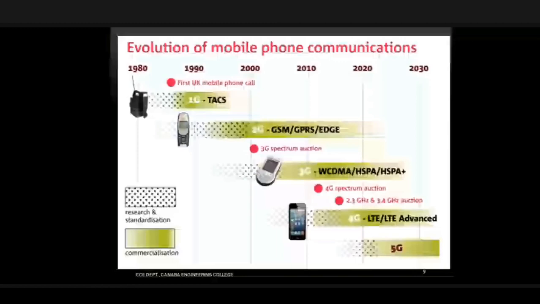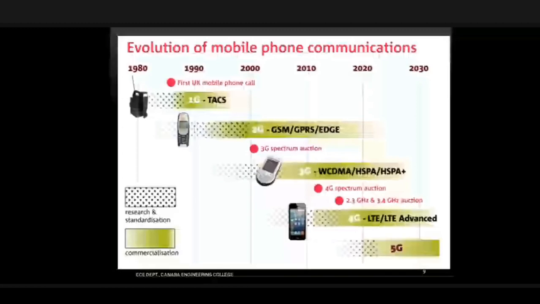Then they developed a technology, and just before the 1990s we had 1G technology, which was TACS, Total Access Communication System, in the UK. By 1991 we started the development of 2G phones, and with development and implementation of 2G, by 2000 we had 2G networks all over the world.